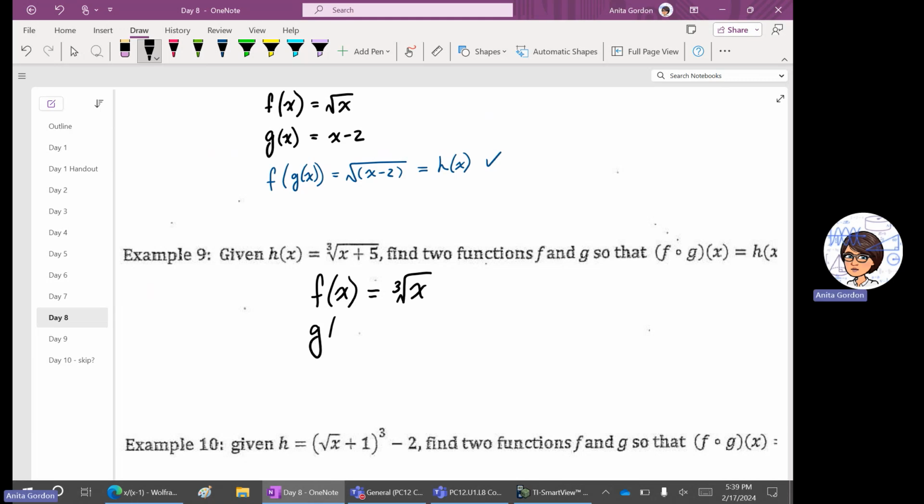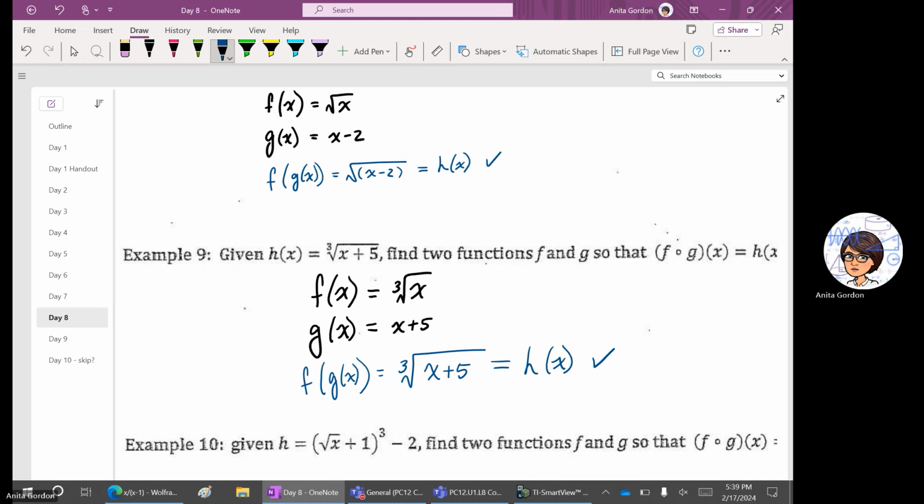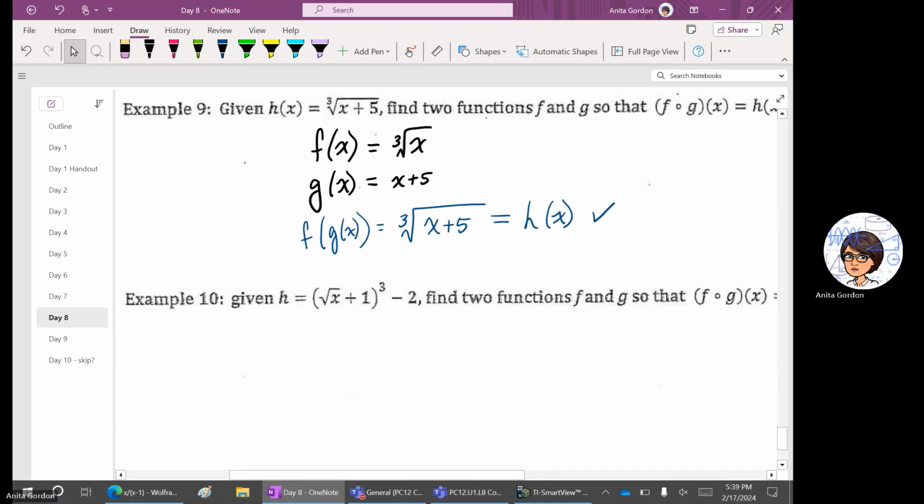And the stuff that the root is covering, I'm going to call the function g, x plus 5. Such that if I did f of g of x, I would take the cube root, make it nice and big, and put the function g inside of it. That matches what I had originally, so this is h of x. Again, done. Not too bad.